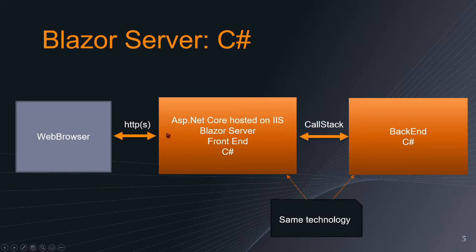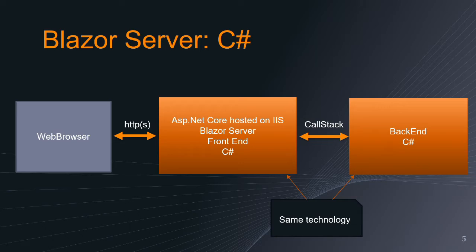As it is displaying the view, it is called the front end, and it is developed in C#. Everything which contacts the database or runs any algorithm, which is called the back end, is also developed in C#. What you must be aware of is that Blazor Server is new and introduces C# technology for the front end. So you have the same technology in the front end and the back end.